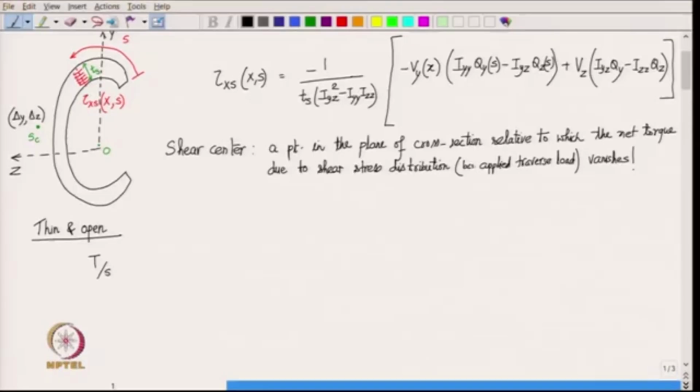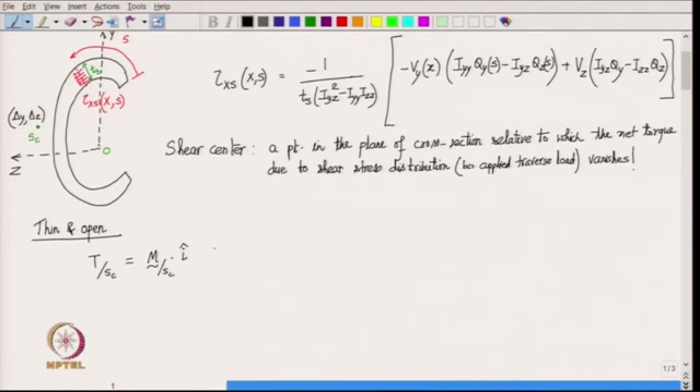Okay. So, let us say I denote torque by T. So, torque about the shear center, that is moment about the shear center dotted with unit vector i, is not it.